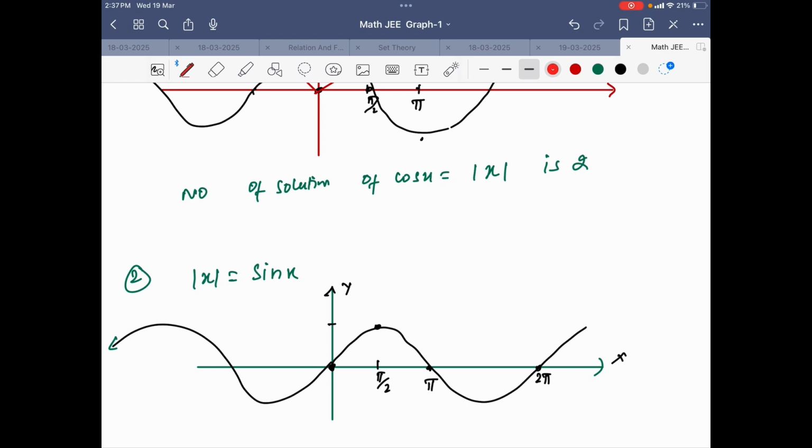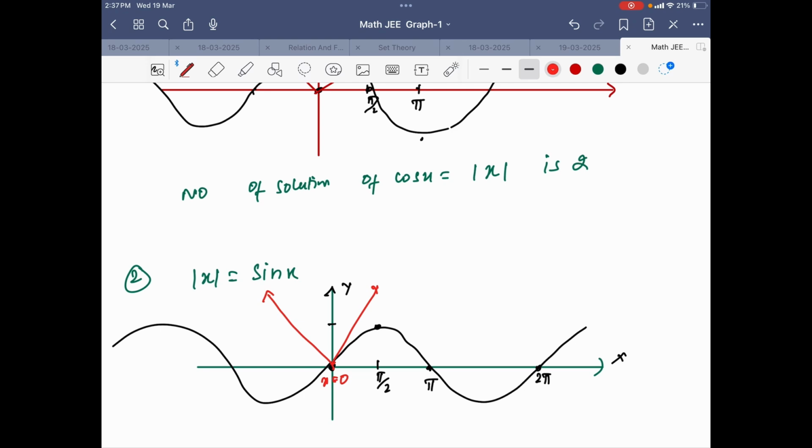If I take it like this, you can see the graph touches exactly at x equal to 0, where sin 0 is 0. At any other point it will not be equal.